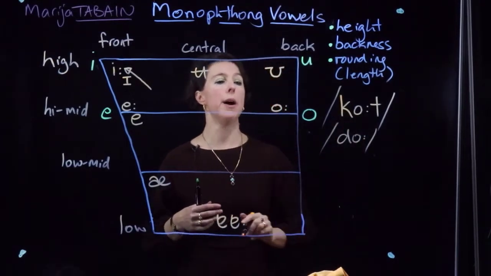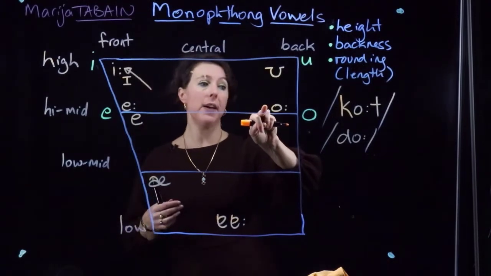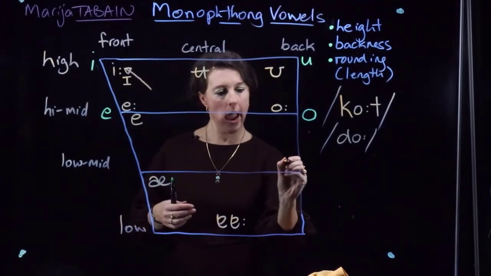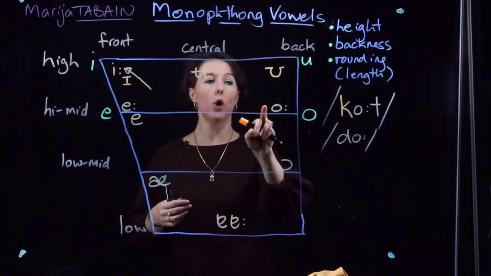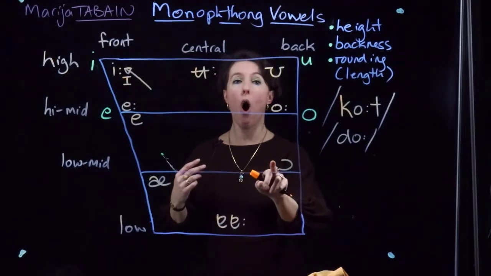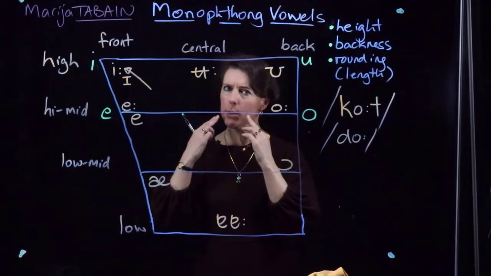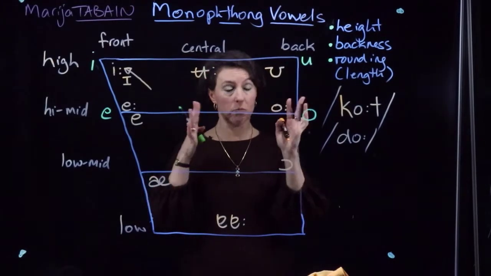Okay, all right. Now, its short equivalent is the vowel O. And that's actually a low mid vowel. So OR is high mid, you can see from my lips, and O is low mid. You can see my lips are more open. So those counterparts have a change in quality.